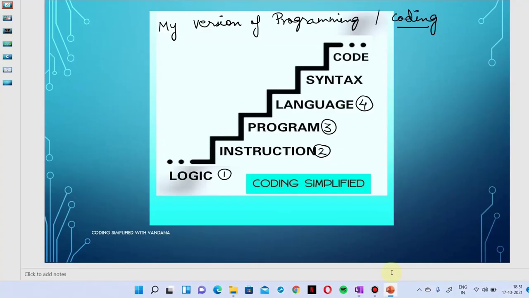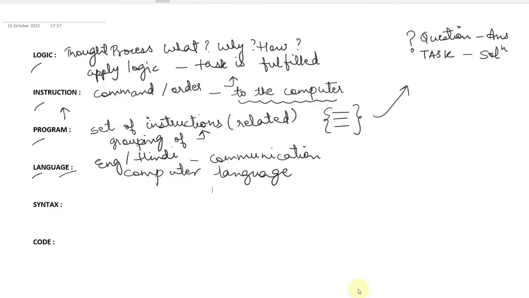Next, after language, is syntax. All the other terms you must have heard while talking generally with anyone. All these are very general terms: instruction, program, language. Now, syntax is actually a very specific form. Syntax is very particular and is confined to a programming language.